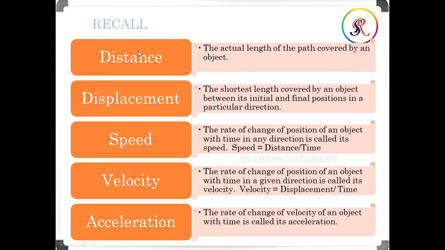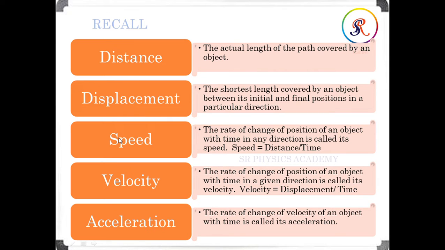So the complete length of the path between any 2 points is the distance. But displacement is the direct length between any 2 points, that means the initial and final position in a particular direction. Here direction is important. So that is what we call displacement.